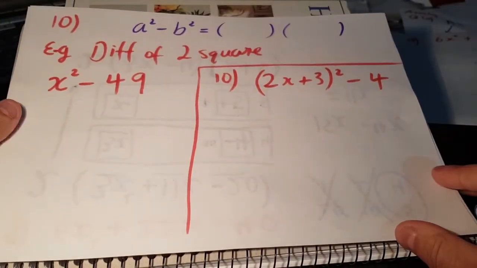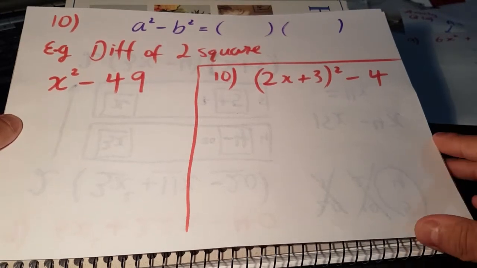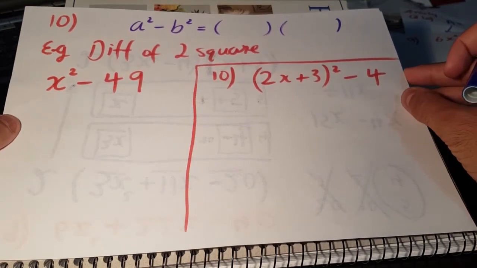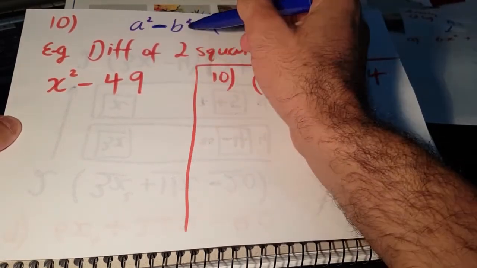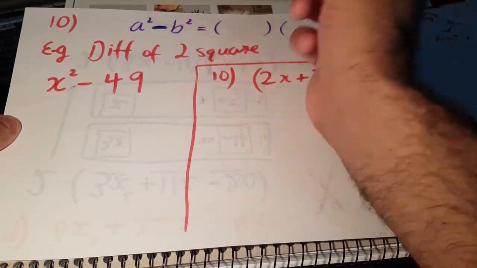Question 10 is a difference of two squares. A difference of two squares is where we've got a subtraction in between two indices that are squared.